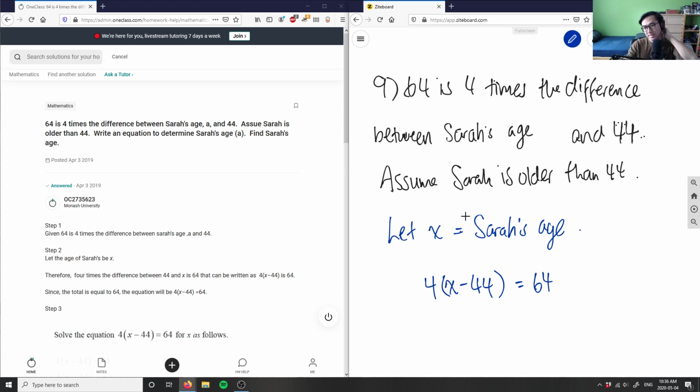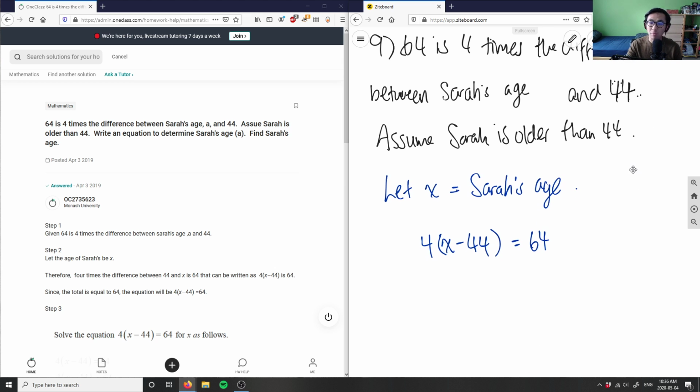So this here is our algebraic expression for Sarah's age. The difference is x minus 44, and 4 times the difference means I'm multiplying this entire x minus 44 by 4, and this would equal 64. So now we can solve for x.